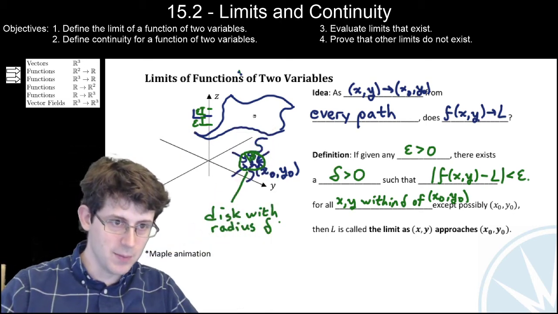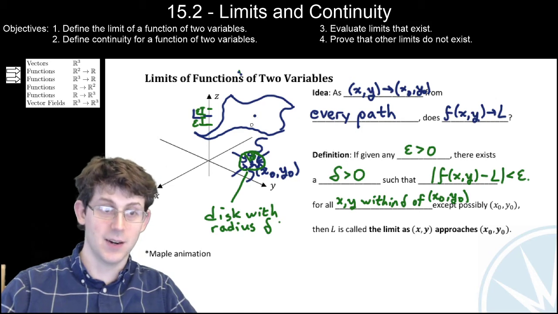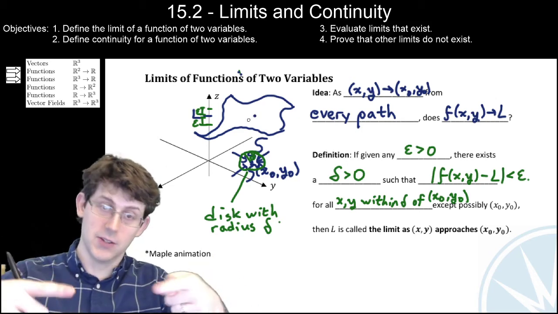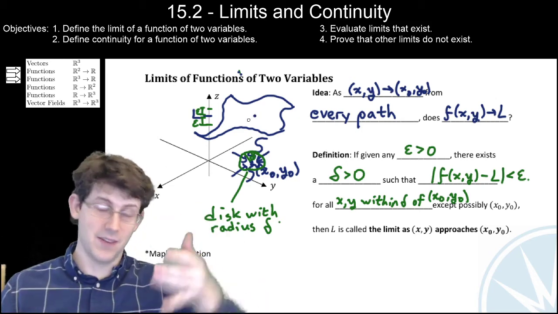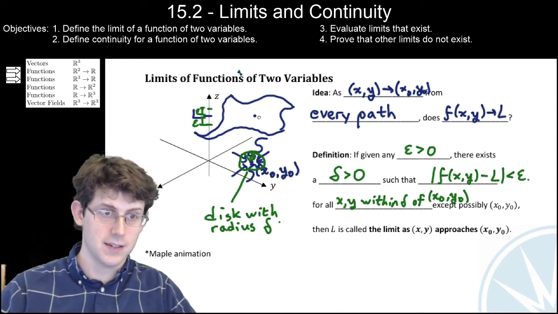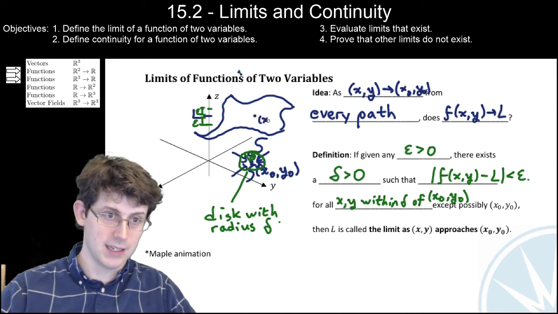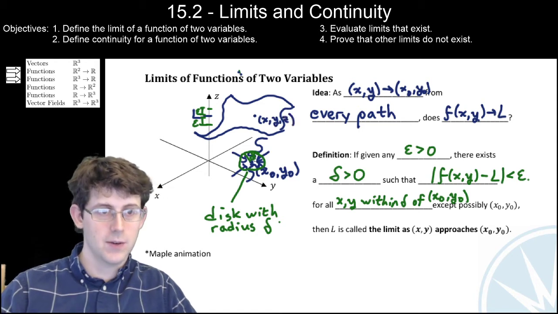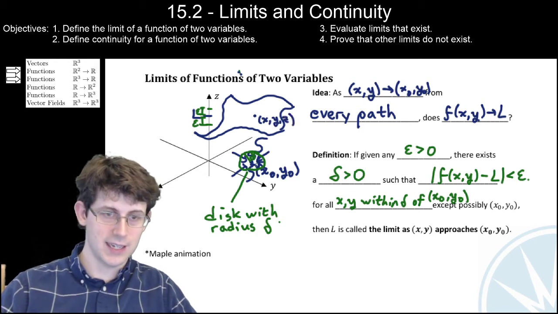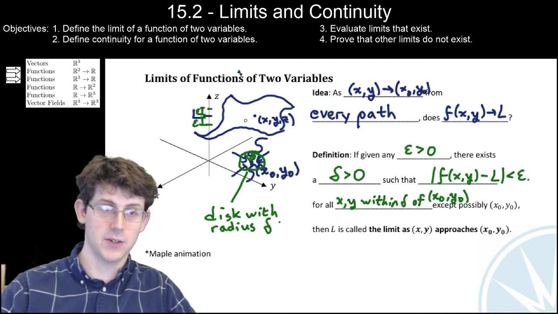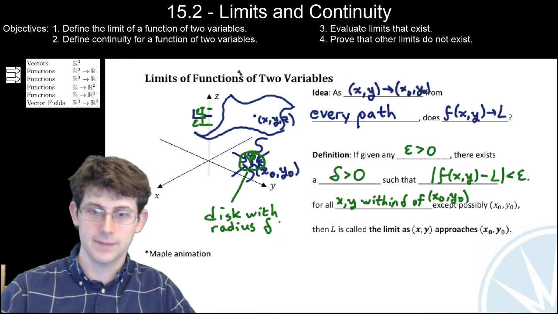And there's some point up here that we're trying to figure out what's going on as x and y get close to their x and y value. What happens to the various z values? So this point is (x, y, z). We're trying to figure out if you stay close to (x0, y0), does the z value stay close to f of (x0, y0)? Cool.